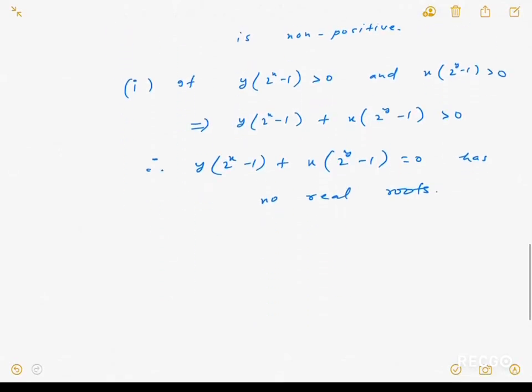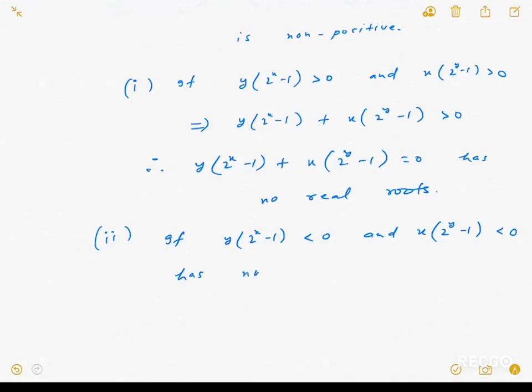Similarly, if these two terms, y into 2 to the power x minus 1 less than 0 and x into 2 to the power y minus 1 less than 0, in this case I am taking the less than 0 case, again their sum is negative, that is, their sum is less than 0.